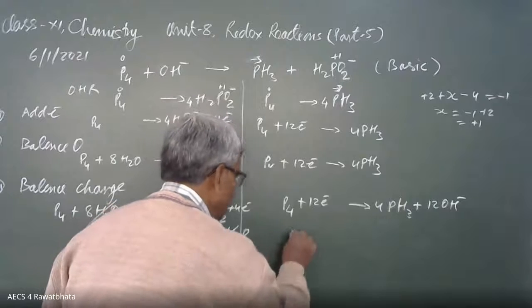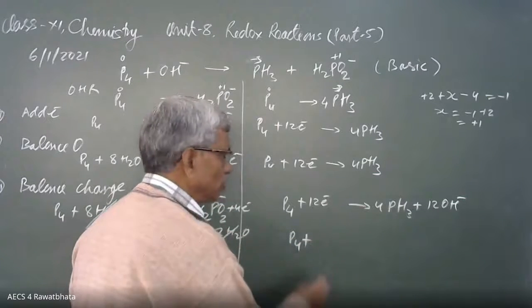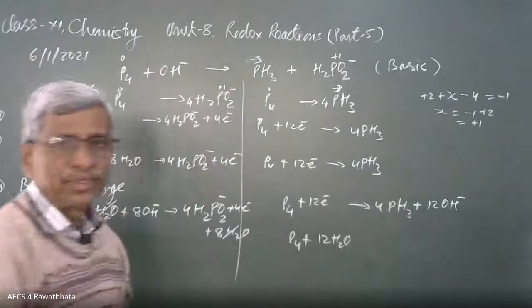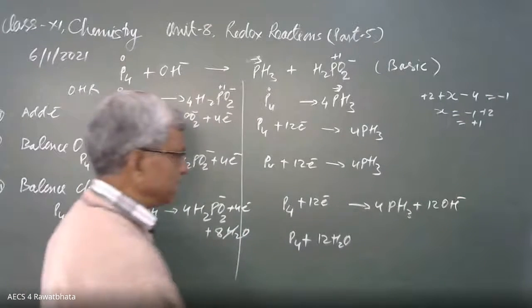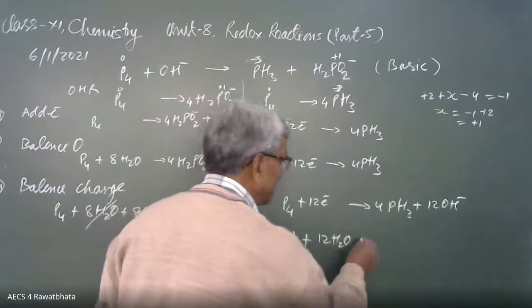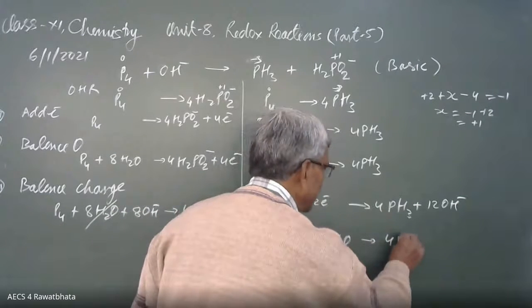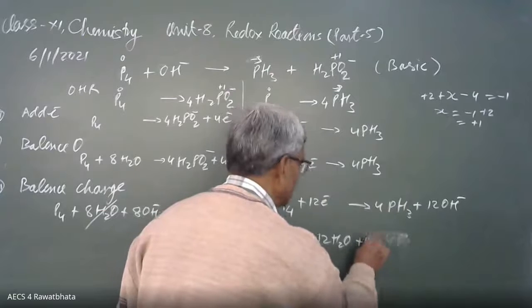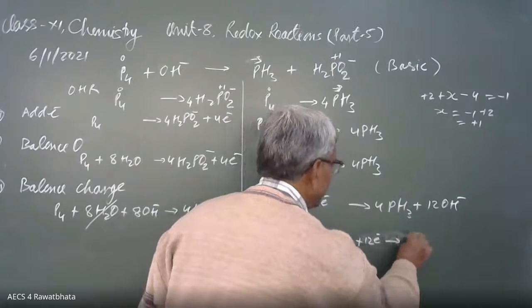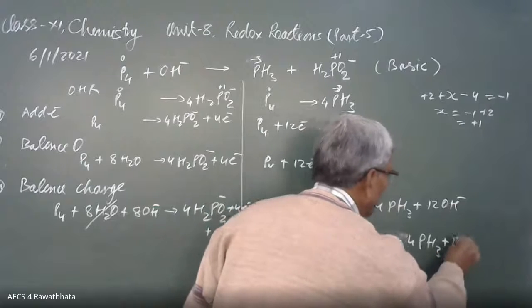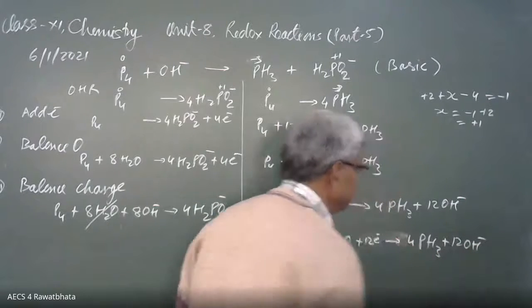So what to do? P4 plus 12 H2O, 12 H2O to balance oxygen. Here there is 12 O and there is no oxygen, that's why P4 plus 12 H2O plus 12 electrons gives 4 PH3 plus 12 OH minus.